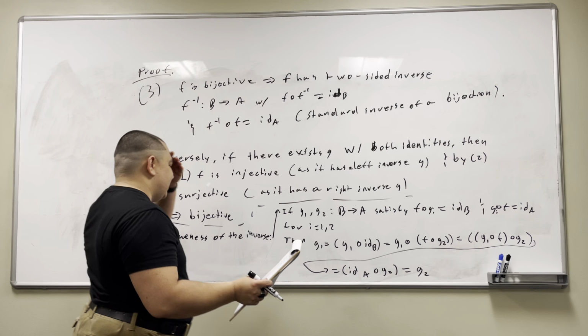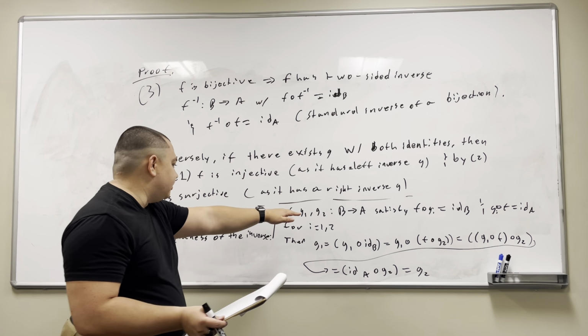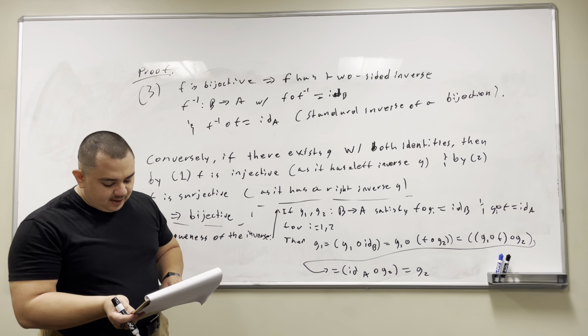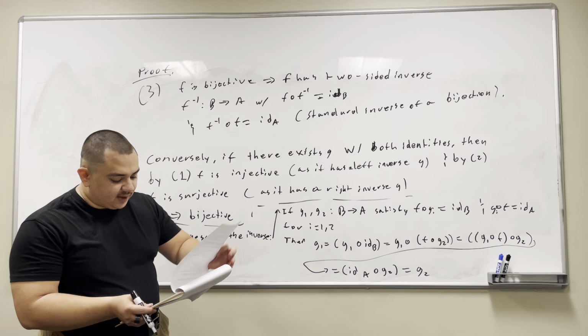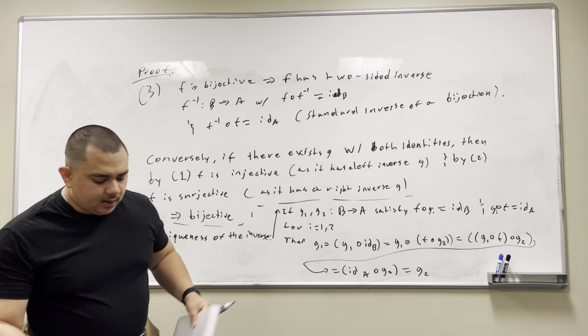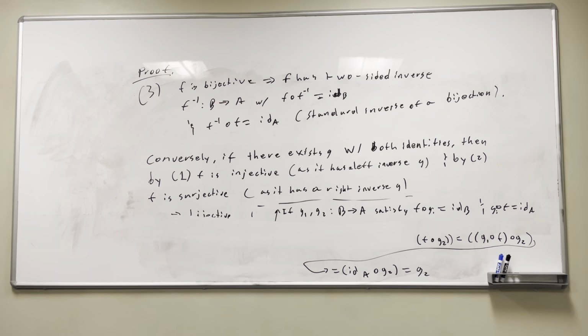So they are in fact the same. The inverse is in fact unique, so there can only be one because if there are two such that this property holds, we find that there's actually one. Let's check that. Yep.